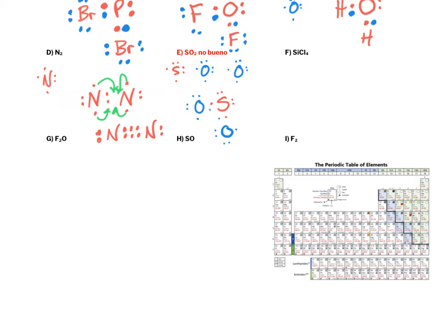All right, this one is a little tricky in that what might happen here is that these loners could come in and become a shared pair somewhere, like that. However, if we do that, sulfur will end up with too many dots.